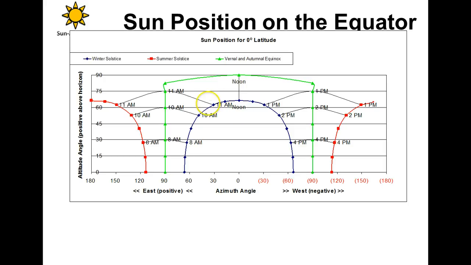The equinox occurs on the green line. So locate the green equinox line, find the time of 12 noon on the line and check the altitude angle. The altitude angle is 90 degrees and the azimuth angle is 0 degrees.